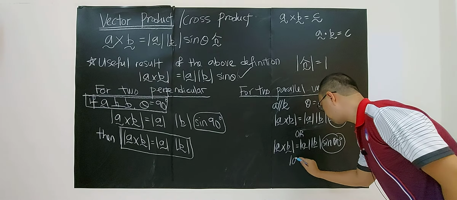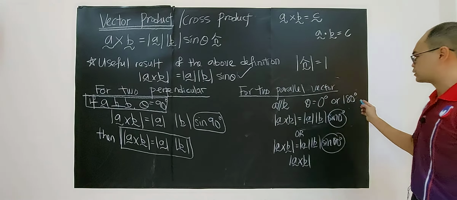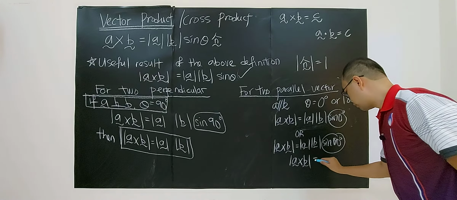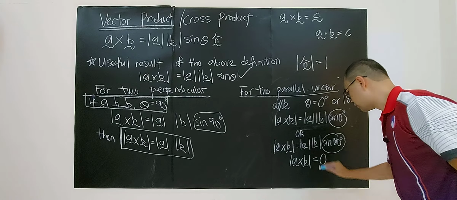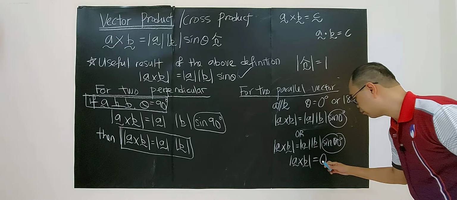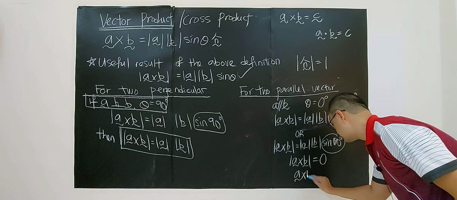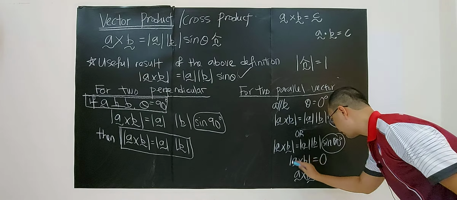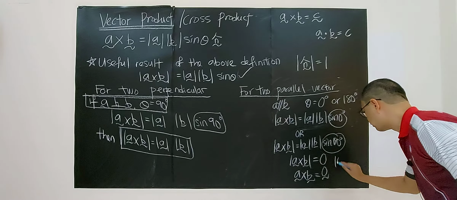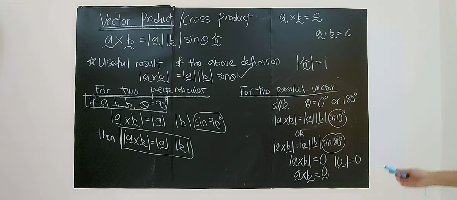This means that the magnitude of A cross B, whether they are anti-direction or the same direction, as long as they are parallel, will be 0. What type of vector will give you a magnitude of 0? There is only one type of vector, which is a zero vector. So A cross B will produce a zero vector because the magnitude of the zero vector is 0.